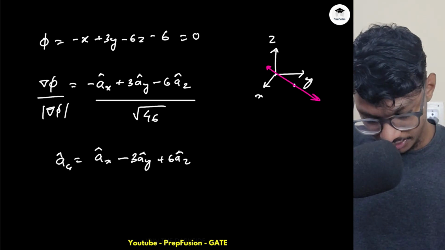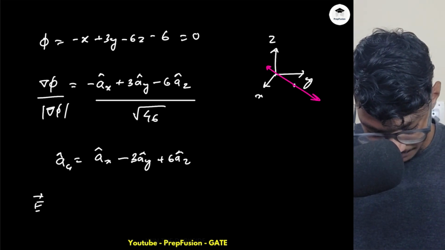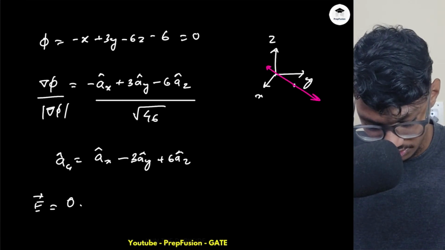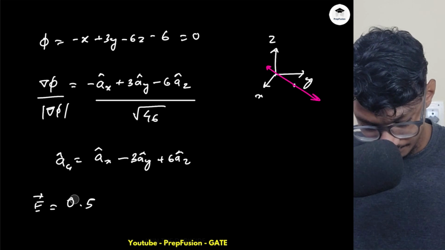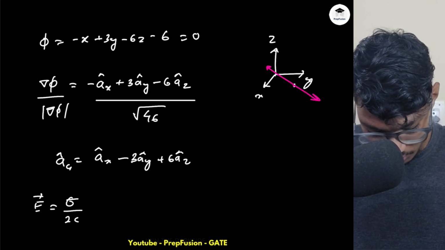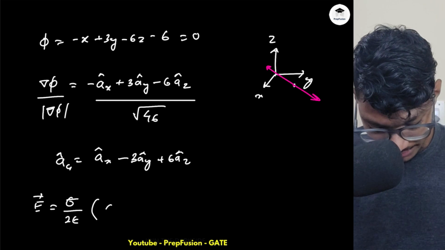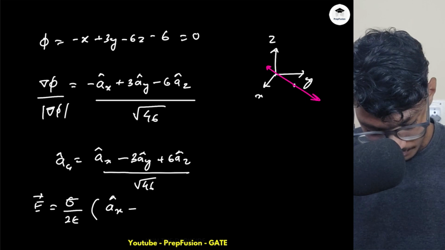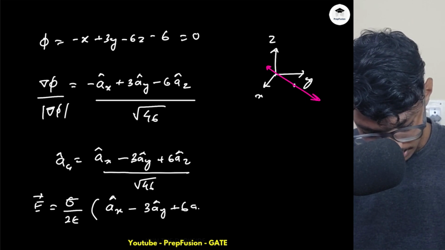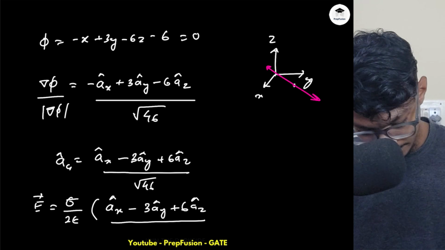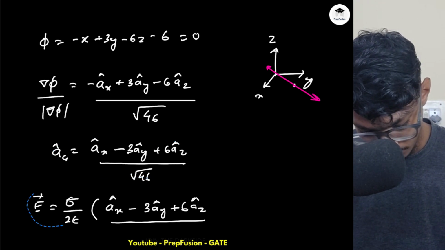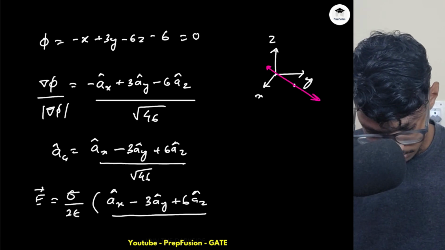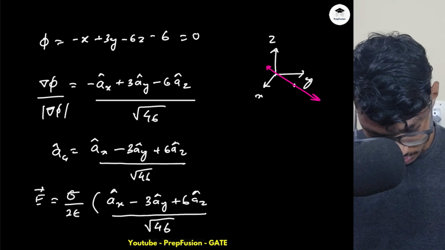So yeah, this is a good question actually. To identify the direction is a good question. So electric field, sigma is 0.5 nano, whatever the sigma is, if you want to do the sigma thing, you can do that, 0.5 nanocoulomb, whatever it is, sigma upon 2 epsilon, and the direction will be a_x, take the under root as well, under root 46, minus 3 a_y cap plus 6 a_z cap, divided by under root 46.